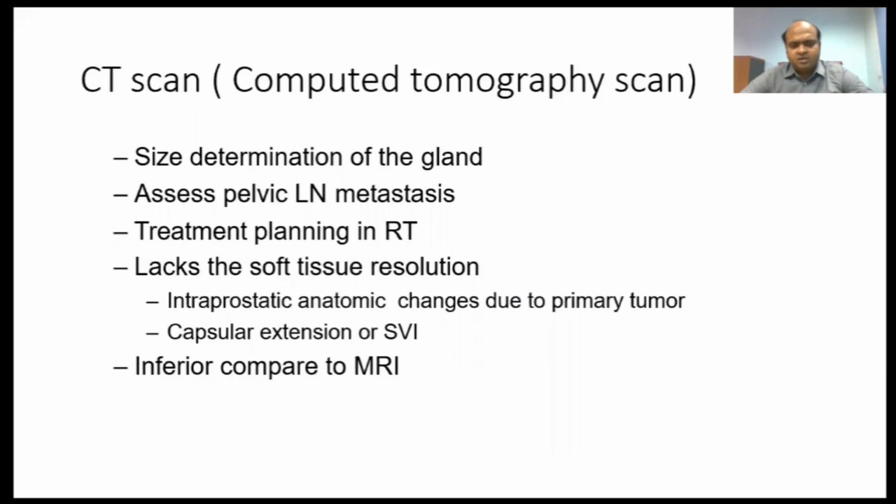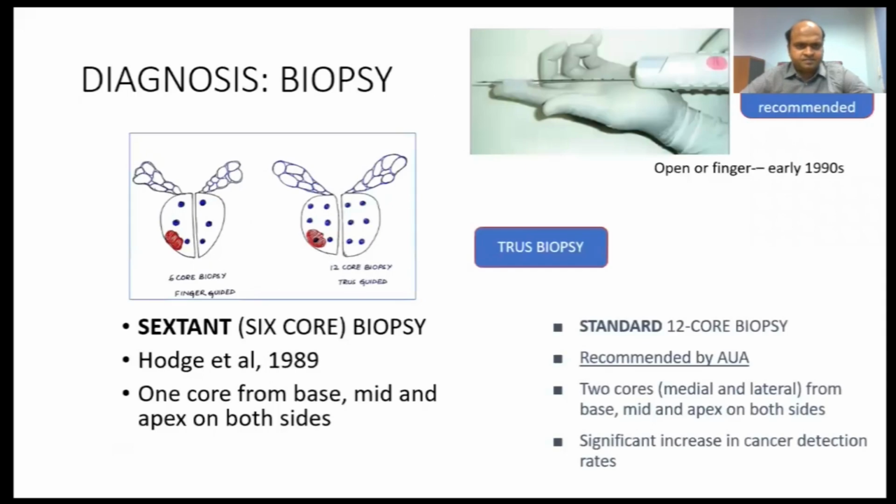It has a big role in planning of radiotherapy in the setting of prostate cancer. Because CT scan lacks soft tissue resolution, intraprostatic anatomic change due to primary tumor, capsular extension and seminal vesicle extension cannot be determined with certainty and are inferior as compared to MRI.